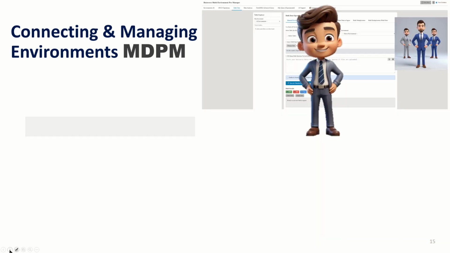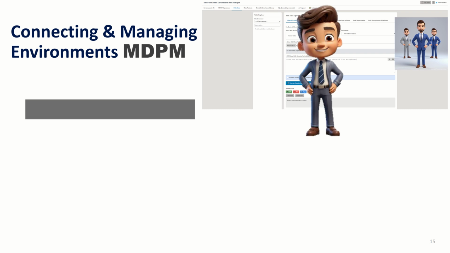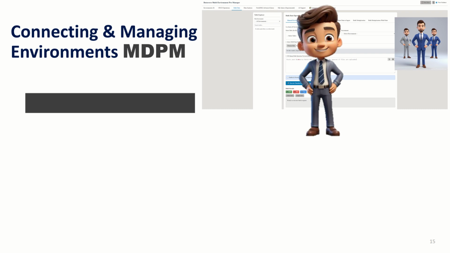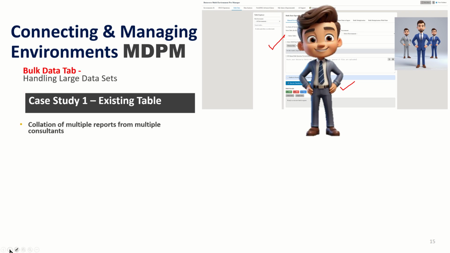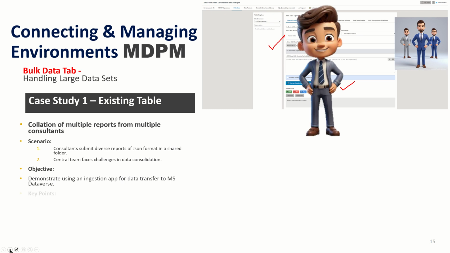Now let's go. The next bit here, as you can see, what we're going to use is behind the scene here. This is my friend that is going to be the key person handling it. He is going to be using the bulk data tab in our new application to achieve this. And what am I going to be achieving here? As you can see, I've showed you the objective.